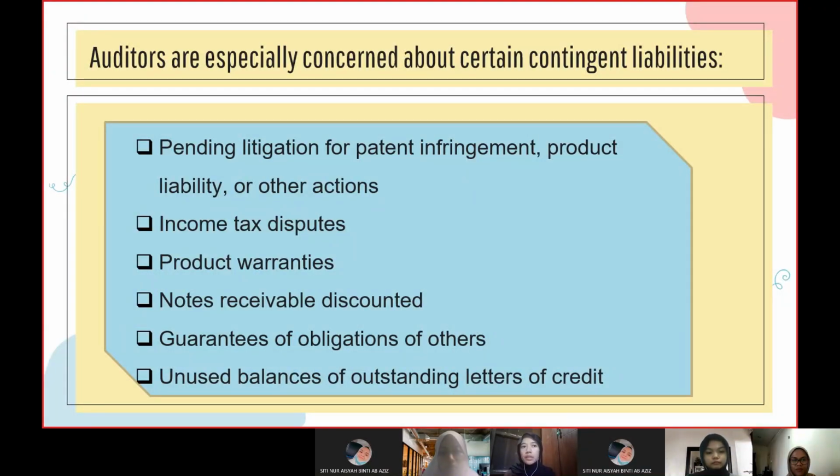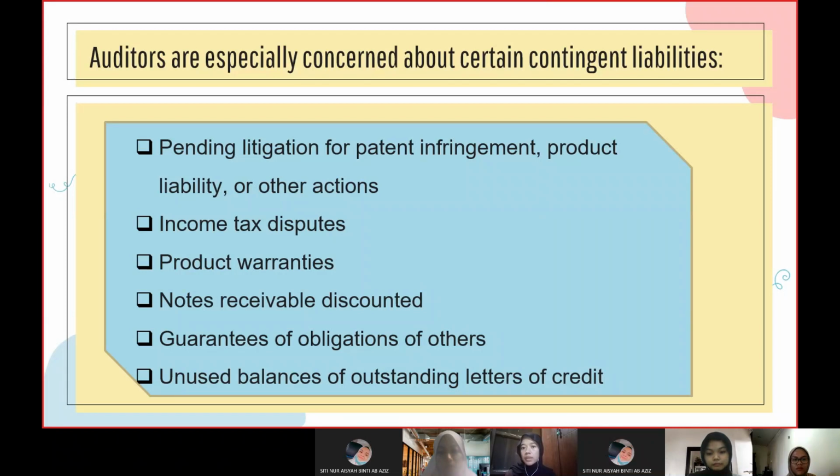The auditor is concerned with certain contingent liabilities that may exist in an organization. For example, pending litigation for patent infringement, product liabilities and other actions.